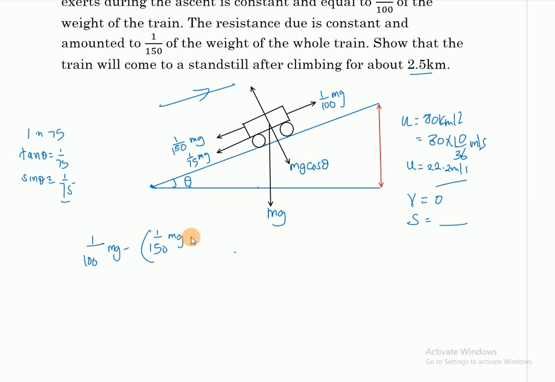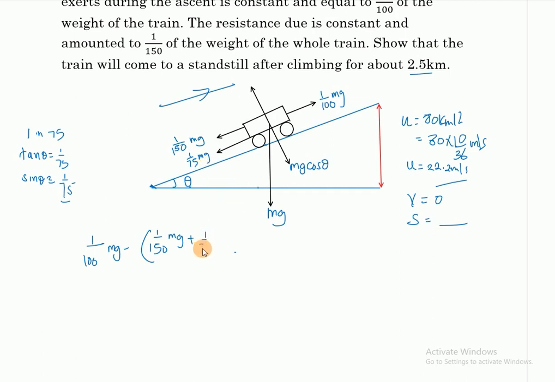So that one should always be there. Once there is a mass on the incline, that mg sin theta will always be there downward along the incline. This is the resistance, and this is the mg sin theta. We are not taking the mg sin theta as a resisting force. We have the resistance and we have the mg sin theta, which is the component of the gravitational force, that is the weight, along the incline.